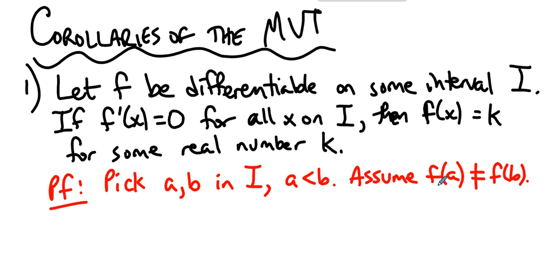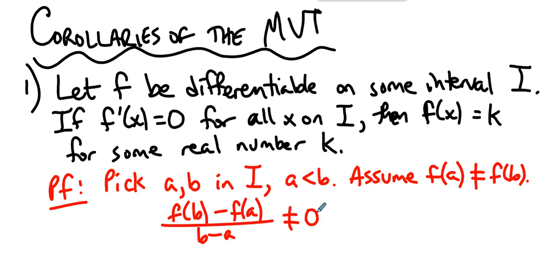So what does the mean value theorem tell us? If a is less than b, and if f of a is not f of b, then there has to be some place in between a and b where this quantity is not 0, because f of a is not f of b. So this numerator is not 0.